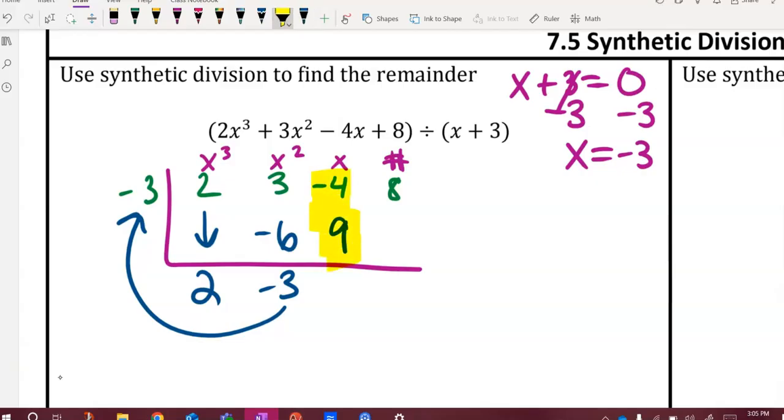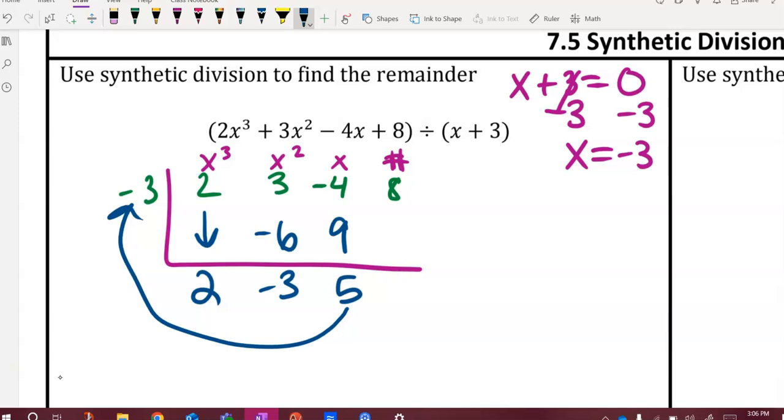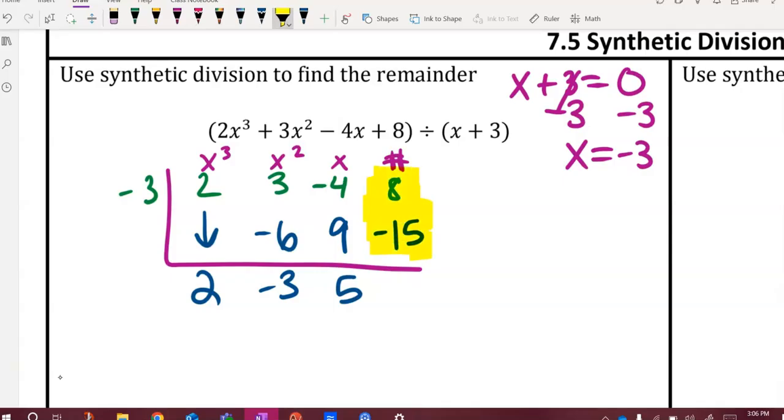Now to combine negative 4 plus 9, we get 5. And we multiply again. 5 times negative 3 is negative 15. Now to combine 8 minus 15, we are left with negative 7.